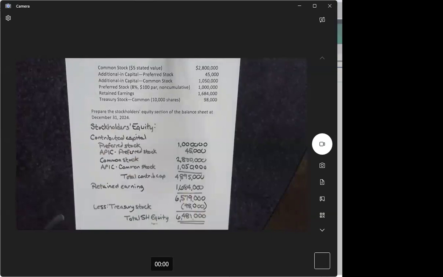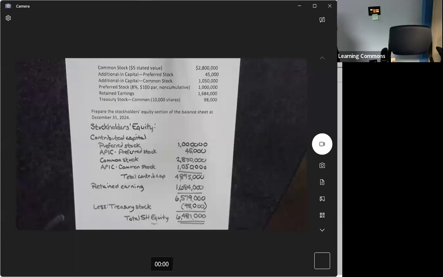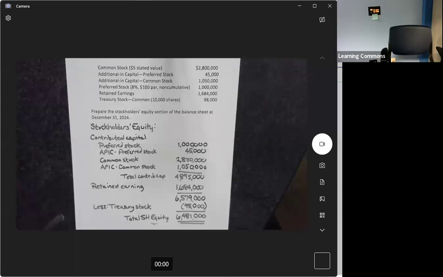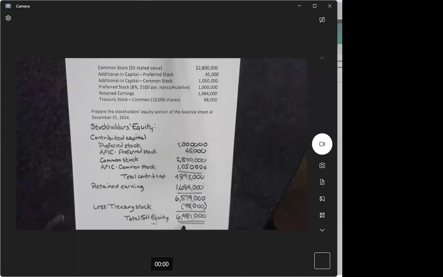So, like I said, that's a fairly comprehensive look at the problem type things from Chapter 11. The journal entries for issuing stock, treasury stock, declaring dividends, being able to split a dividend between common stock and preferred stock, and then again, being able to calculate total stockholders' equity on the balance sheet.